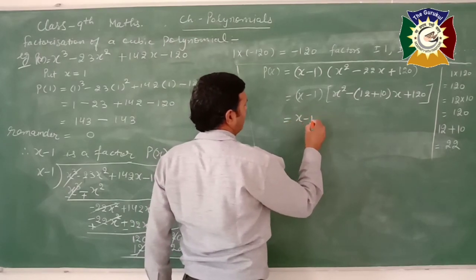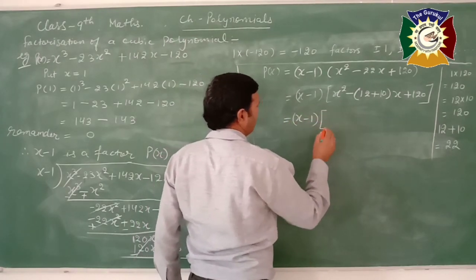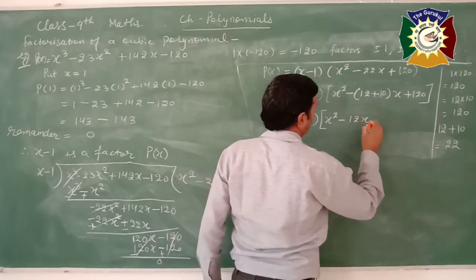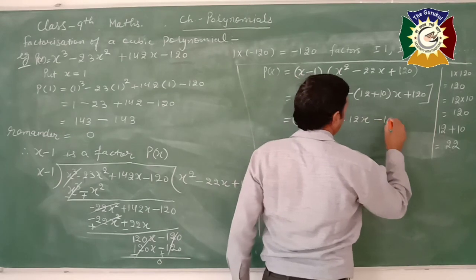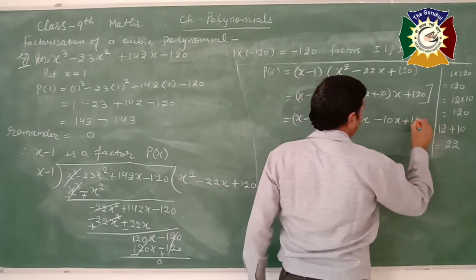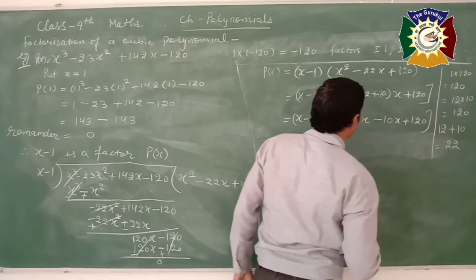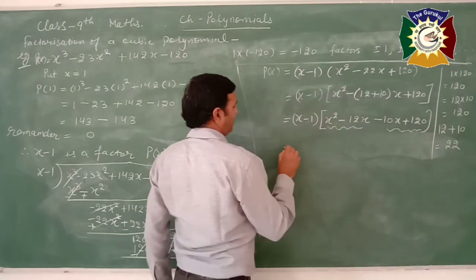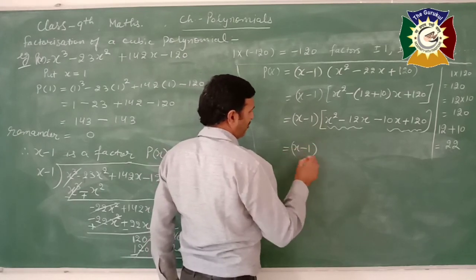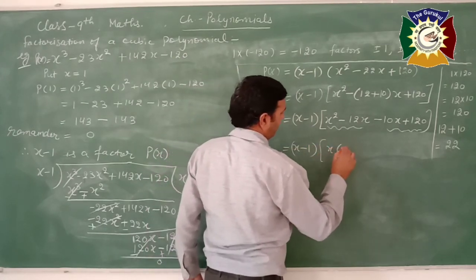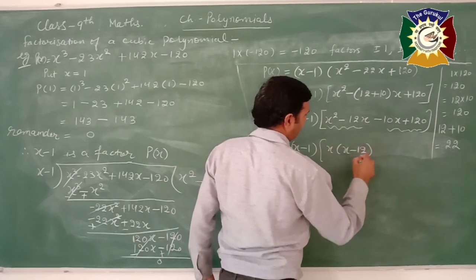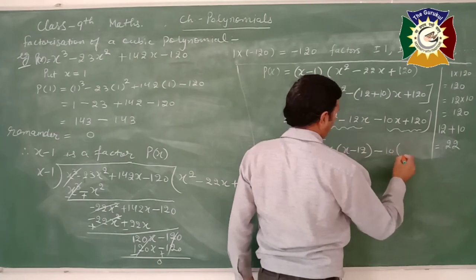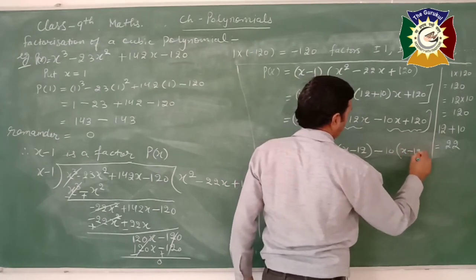x minus 1 as it is, because we got this as a factor. x square minus 12x minus 10x plus 120. Again we have 4 terms in this polynomial, so make pairs of 2 terms. In the first pair we have the common x, minus 12 is left. In the second, minus 10 is common, x minus 12 left.